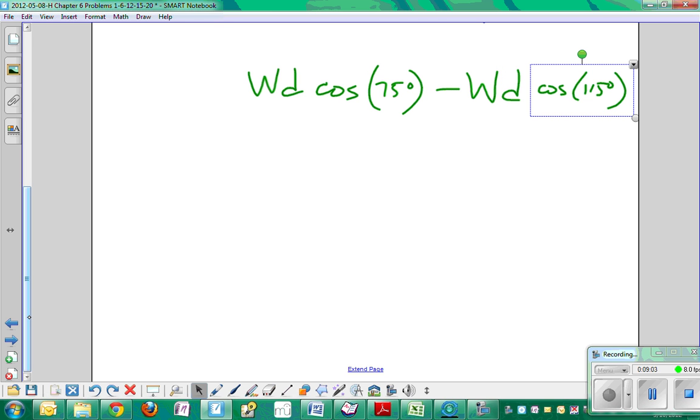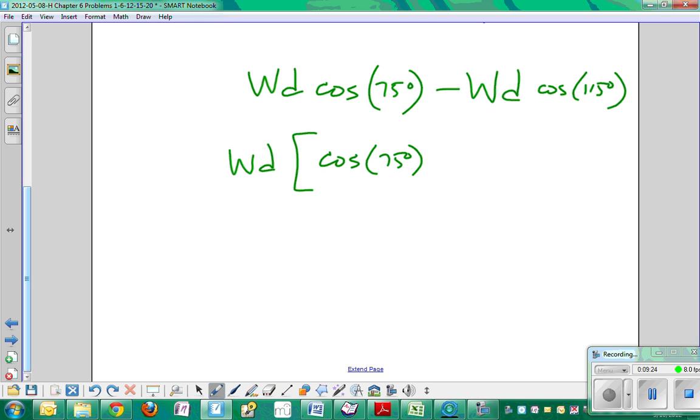And we'll see that the numerical answer we get will be consistent with the conceptual or qualitative answer we got when we said that more work is being done on the plane when it's in the dive. All right, so now we can just pull W D out of each case. So W D, that's the weight times the distance, times the cosine of 75 degrees. Get out your calculators and start doing this while I'm writing, please.